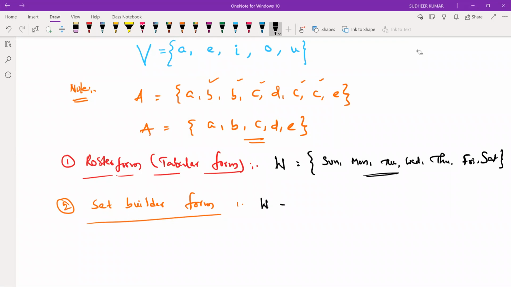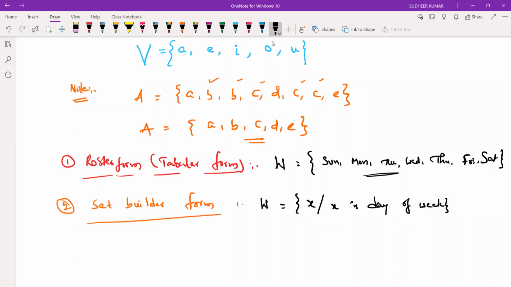Here W will represent one common letter to represent the rule, X. We write X such that X is a day of the week.